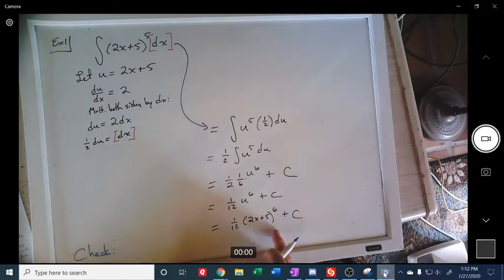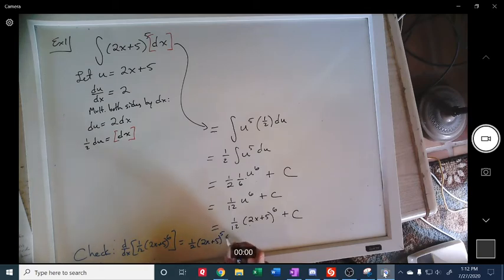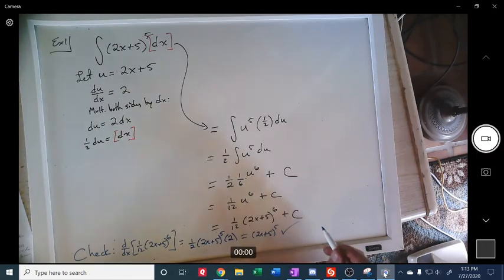If I take the derivative of this, the 6 and 1/12 multiply together to become 1/2. Chain rule, 2, and then the 2 and the 1/2 cancel each other out. And this matches exactly what it's supposed to. It checks.